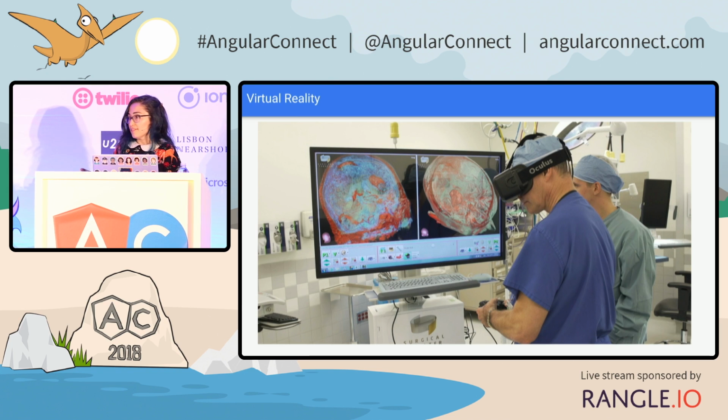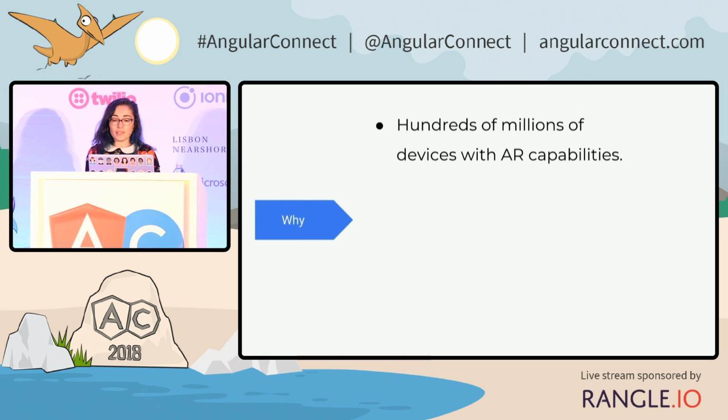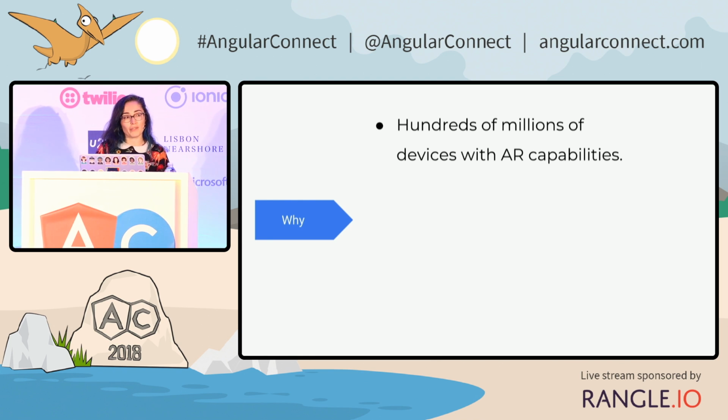And virtual reality is also part of it. So this is a brain scan of your brain, and then the surgeons can walk through in your brain in every level, and if they wanted to find something, they will find it there. It's not just games and entertainment, and there's so many great applications that we can create with the WebXR.